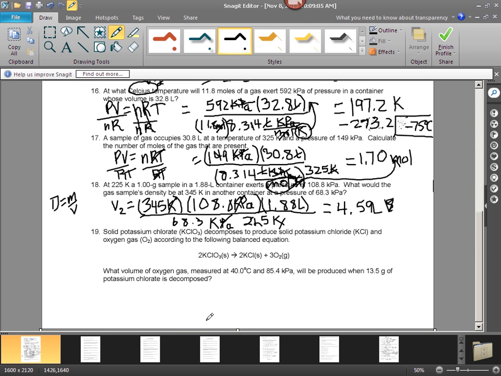Number 19. 19 is gas law stoichiometry. It's kind of a combination of Unit 7 and Unit 8 together.